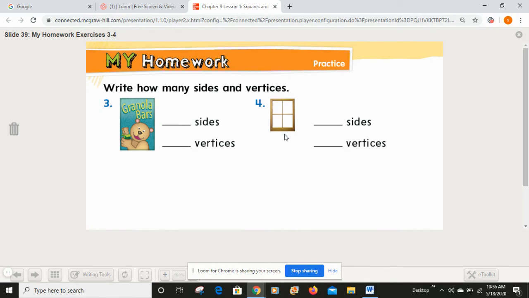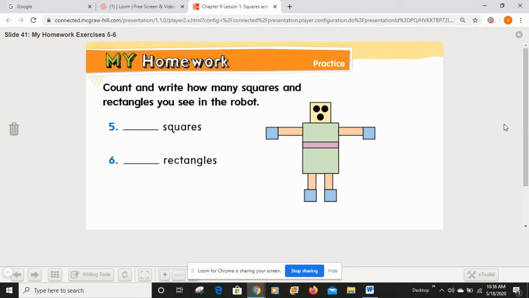On the window, it depends if you want to count the outside of the window, or each one of those little rectangles inside. We're going to go on the outside and say there's 4 sides and 1, 2, 3, 4 vertices. Let's see if we're right. We are.